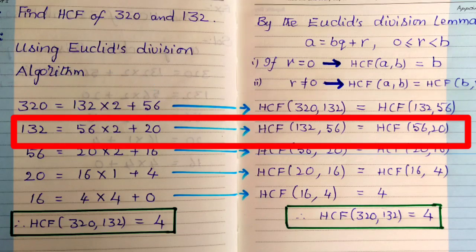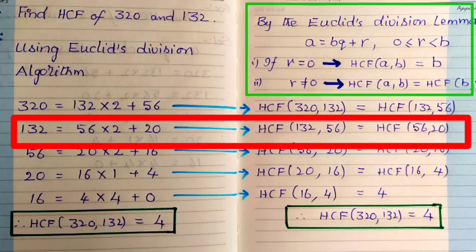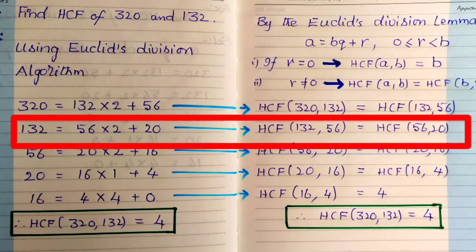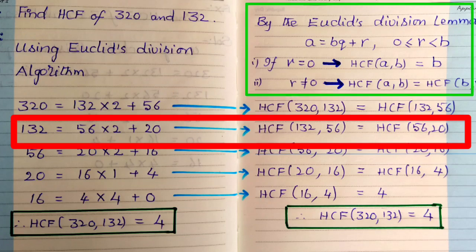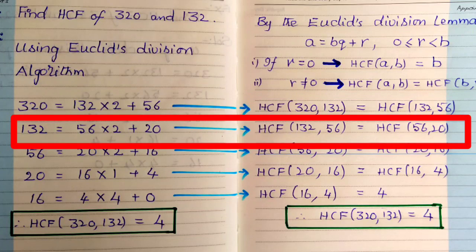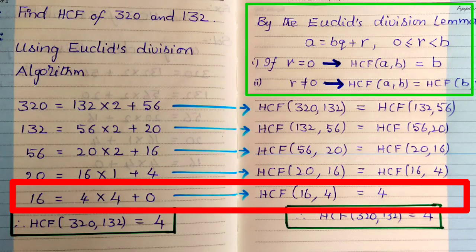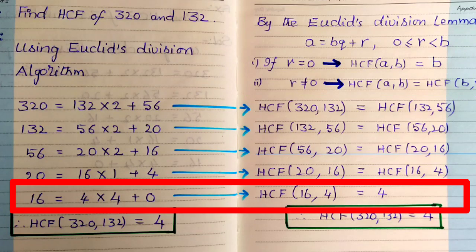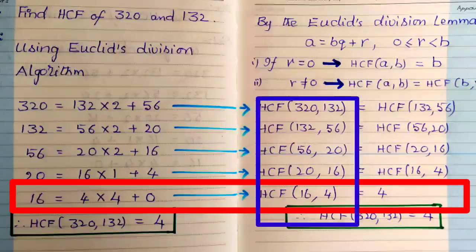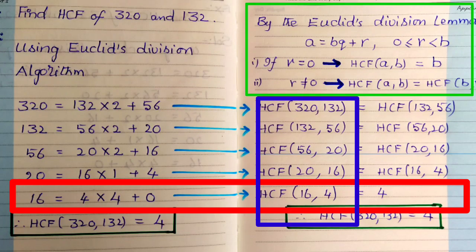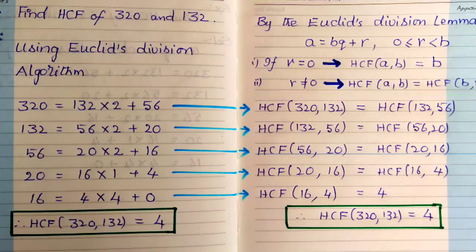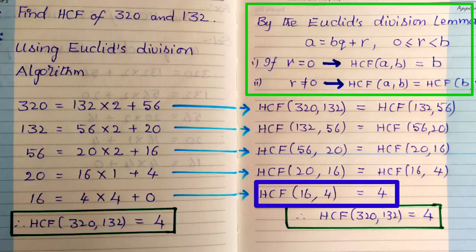Likewise, the second step also gives the same idea. Instead of finding the HCF of 132 and 56, it is enough to find the HCF of 56 and 20, right? Likewise, from the last step, it is clear that instead of finding the HCF of 320 and 132, it is enough to find the HCF of 16 and 4.